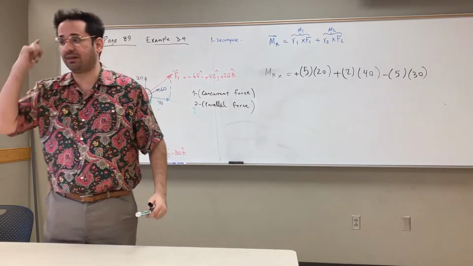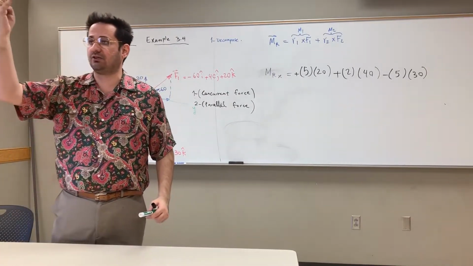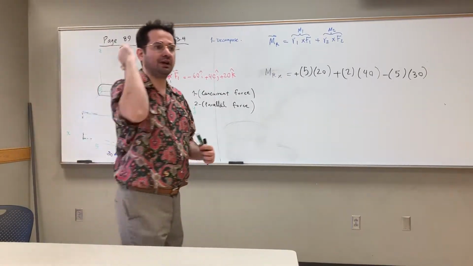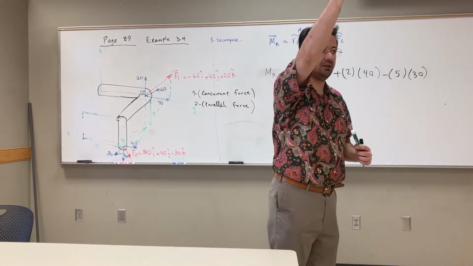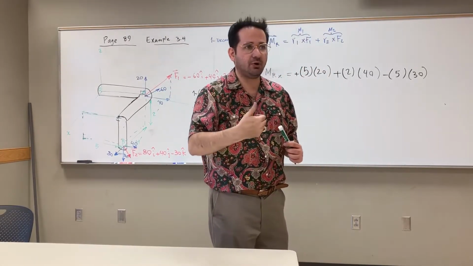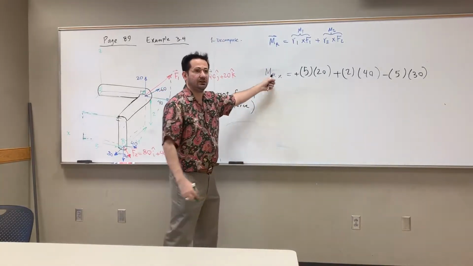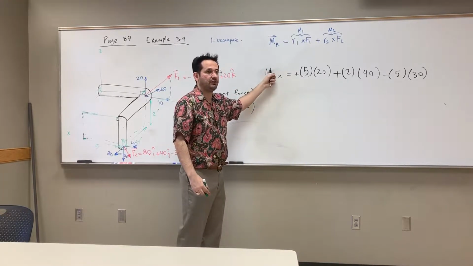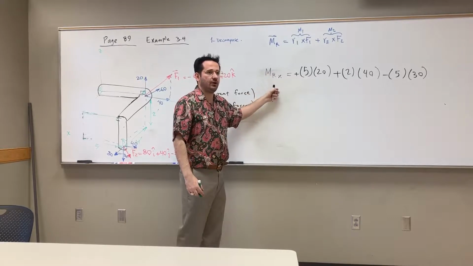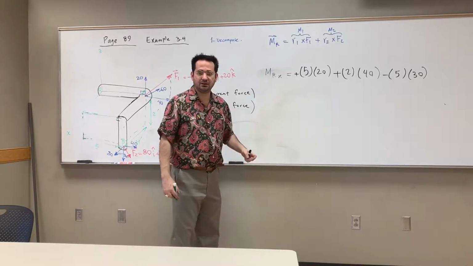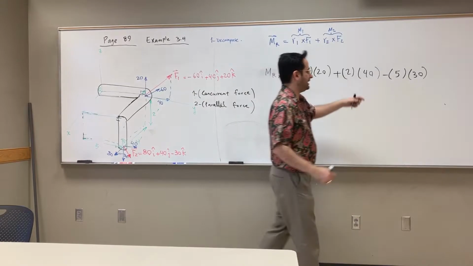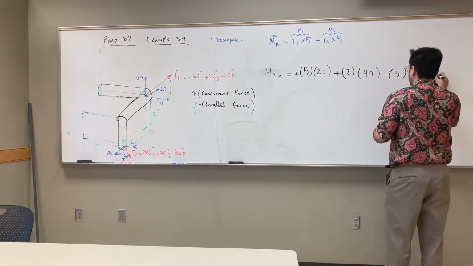Because we're going to have y and z axes too. In 3 dimensions, you have 3 results. In 2D, we only have k, so the resultant moment is either positive or negative, just one value. What we're trying to find here are 3 different components: M resultant x, M resultant y, M resultant z. So this is M resultant x. Let's simplify that.